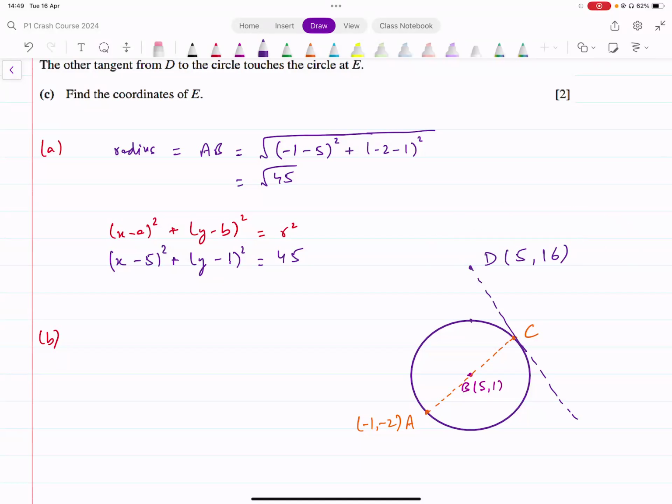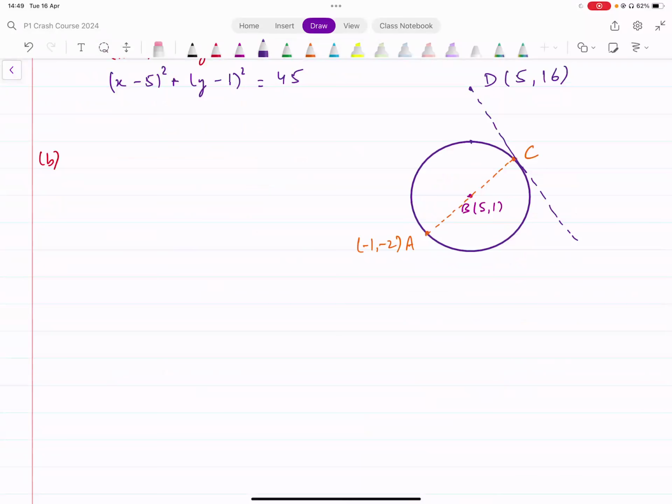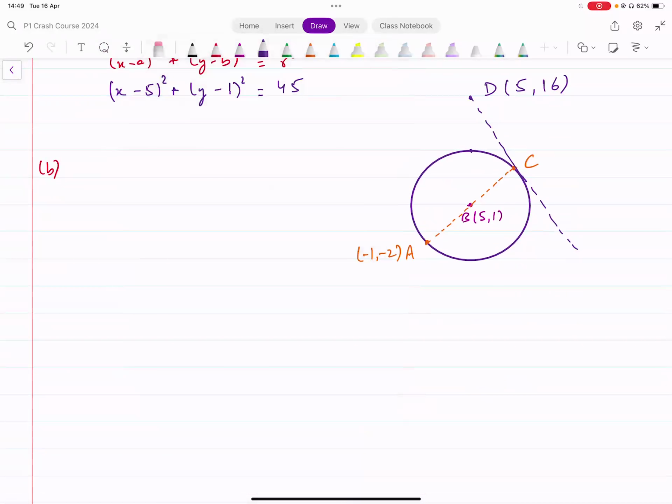Now, how do we prove that DC is a tangent to the circle? All you have to do is find the gradient of the line BC and the gradient of the line CD and prove that they are perpendicular to each other. But the problem is we do not have the point C. We do not know the coordinates of the point C, right?